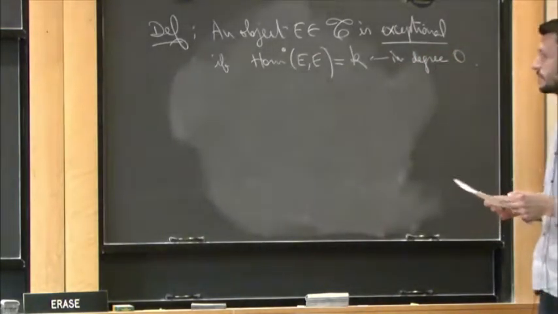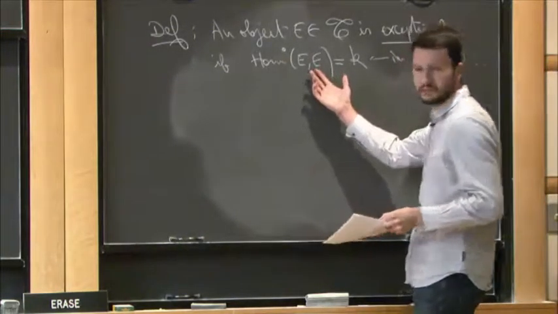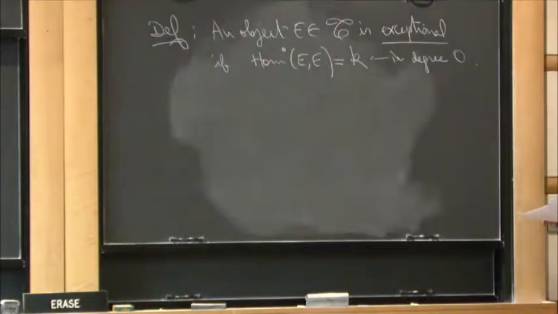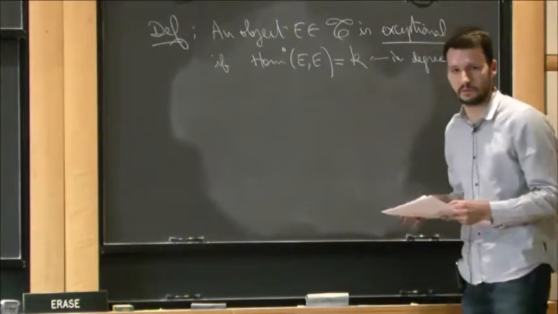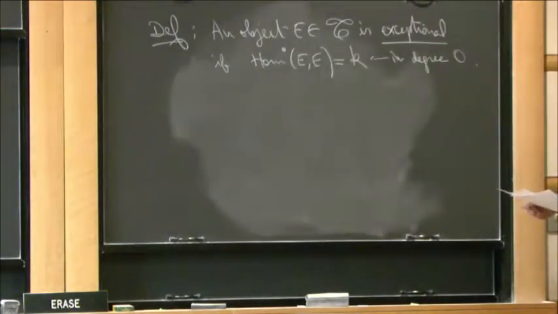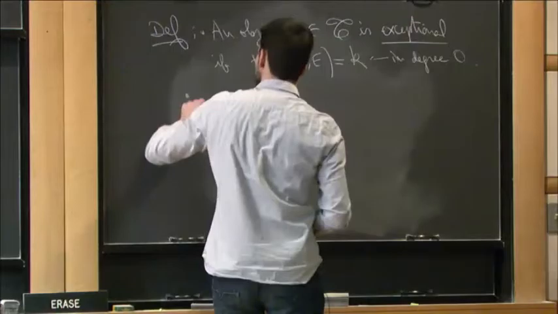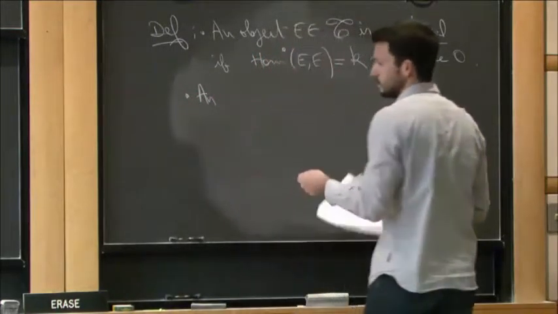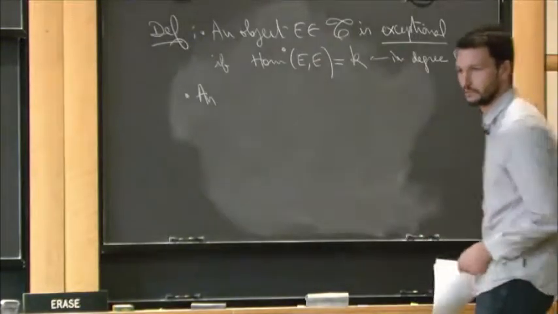So what does that mean concretely? I'm going to come to this later on, but in the derived category, for example, a sheaf will be exceptional if its endomorphism group is k and if there are no higher Ext groups. And an exceptional collection is just a collection of exceptional objects which are semi-orthogonal.